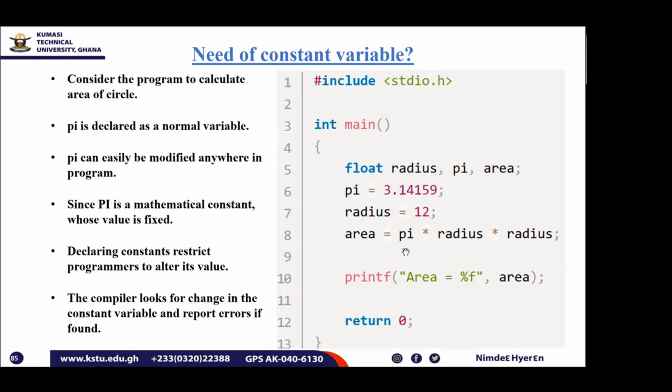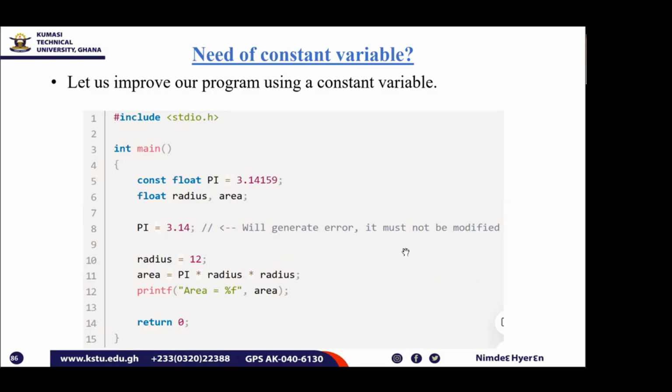So even though this code you see here seems to be a neatly written code, it is not a good code because pi is a mathematical constant. So as such, it needs to be defined using a constant.